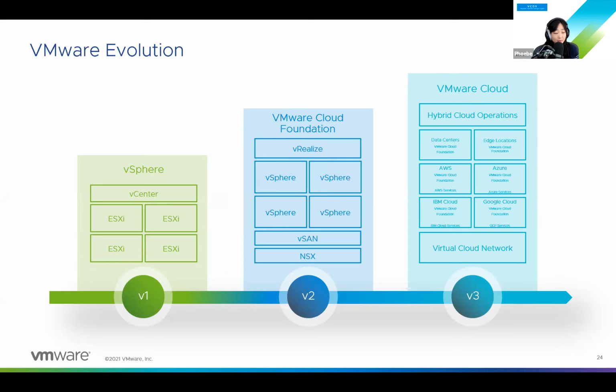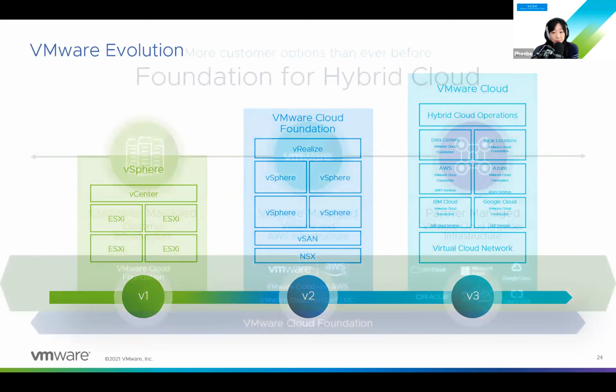So we have the virtual cloud network, and we have all these different partnerships with other organizations like AWS, Azure, IBM Cloud, Google Cloud, etc. And we have those hybrid cloud or hyperscale solutions that organizations can consume.